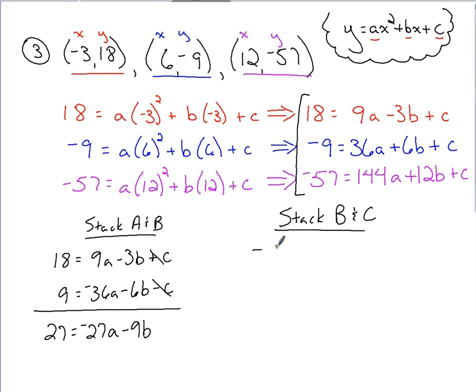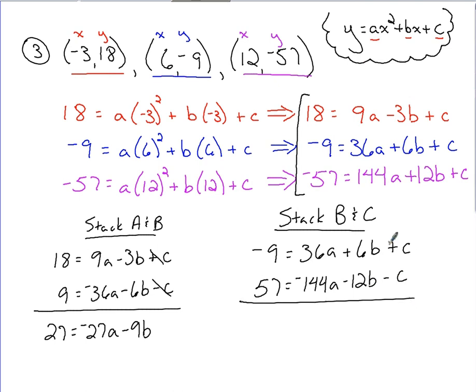If I write out the second equation, if I leave that as is, and then adjust the sign on the last equation, it'd be 57 if I multiply everything by -1, minus 144a, minus 12b, minus c. So c's will cancel. If I add through now, you've got -9, 57, so 48.